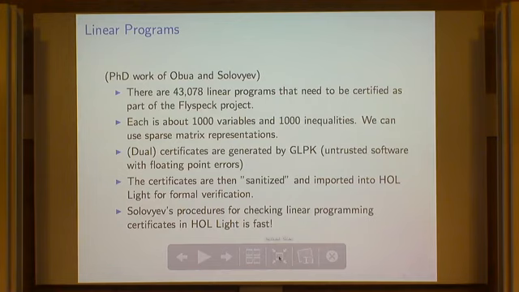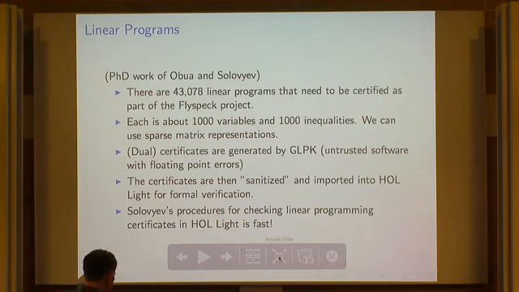And a lot of the inequalities are sparse, but we're able to use a sparse matrix representation for the inequalities. So just to say a word about how linear inequalities are dealt with.